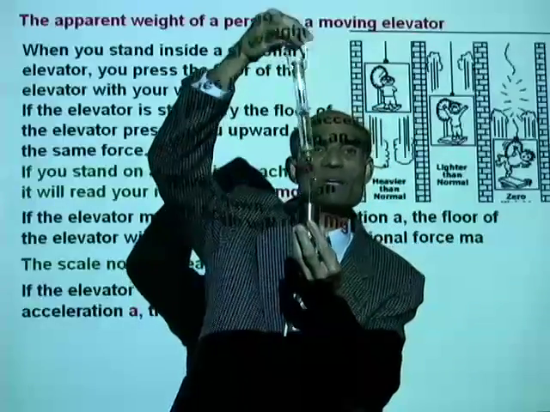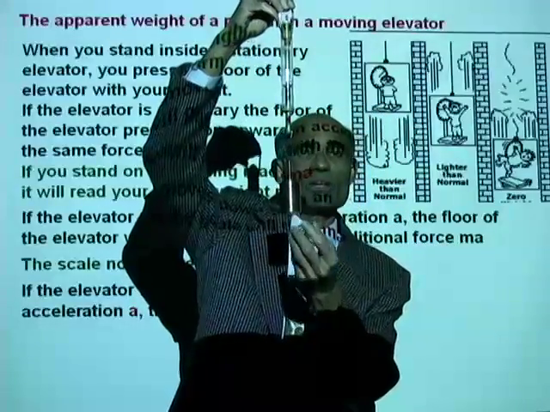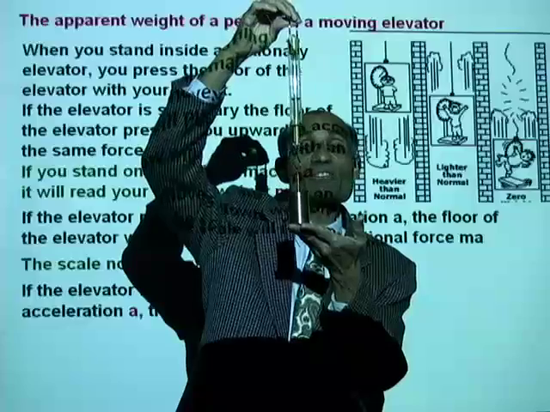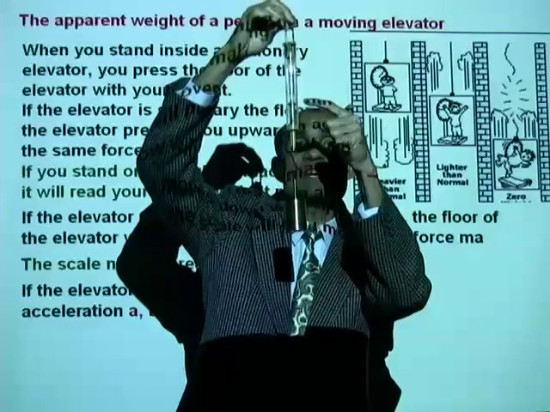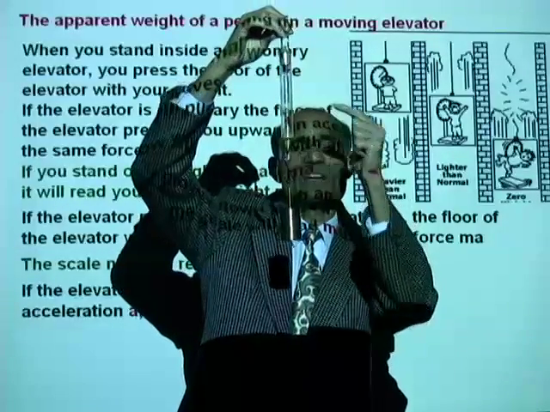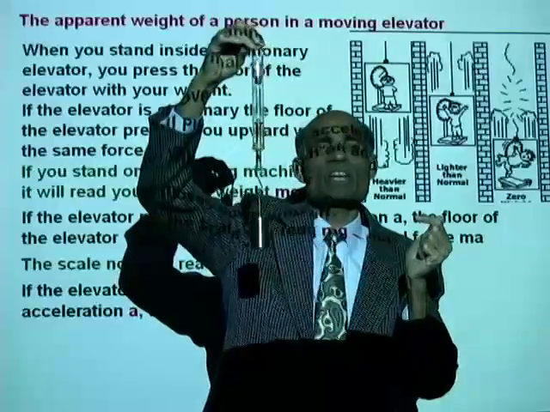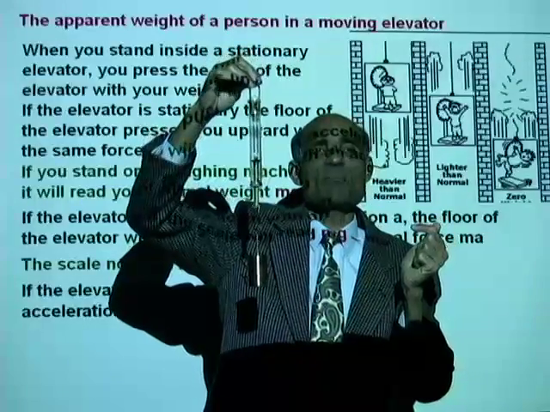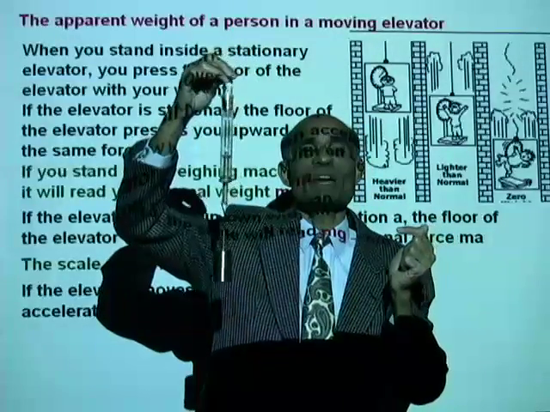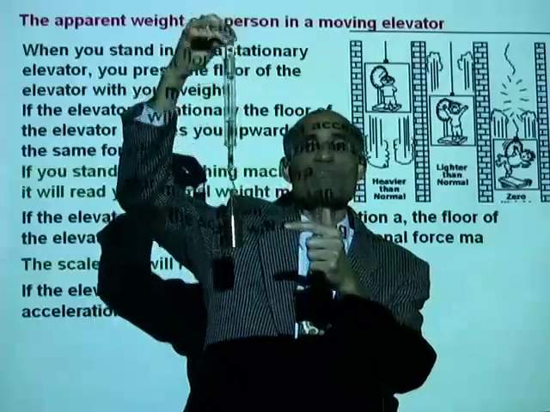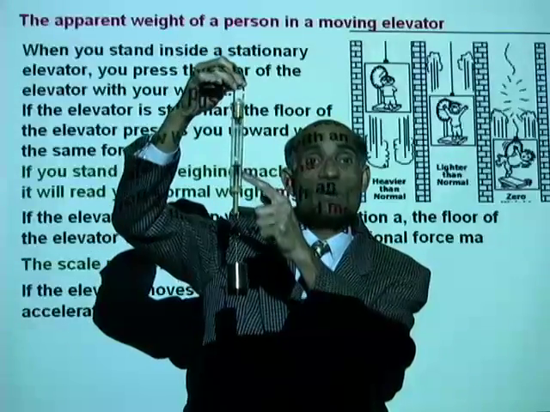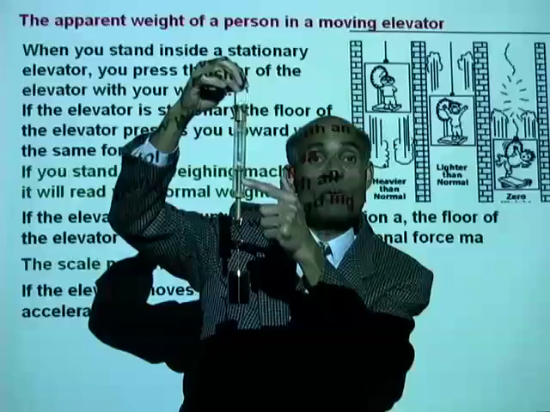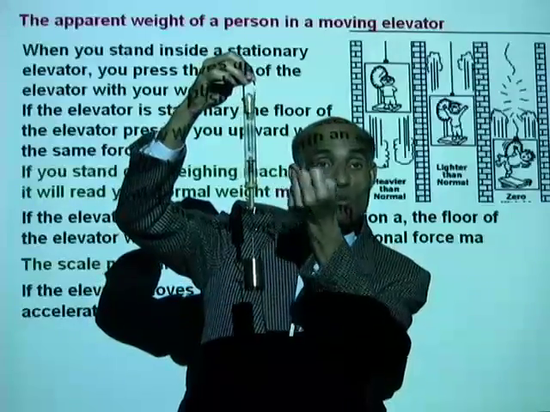Well, this is a spring balance, a scale. Now, this is the elevator at rest. It reads the actual weight. Now, suddenly, if I move up, can you see what happened? Suddenly, if I move, this comes down. As it comes down, it is reading more.